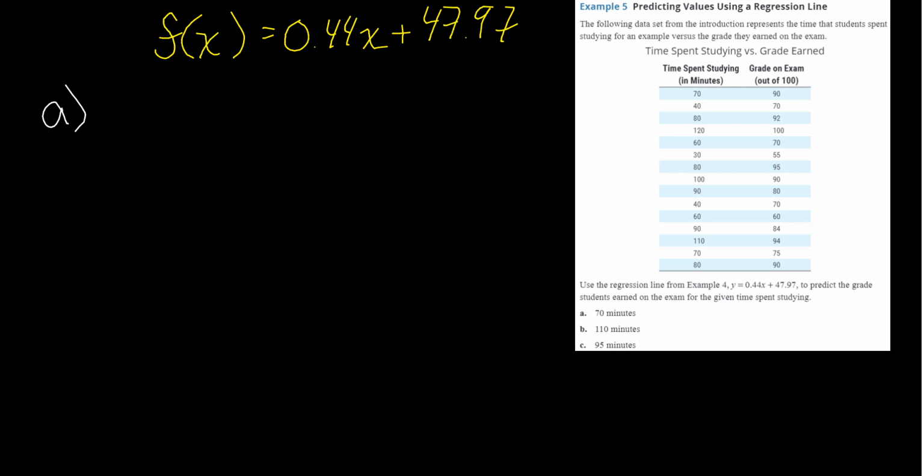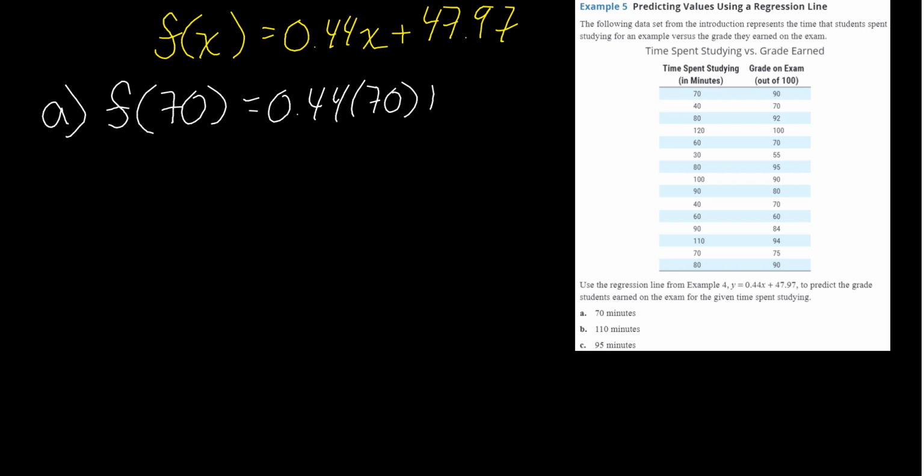So I rewrote it as f of x. When I want to do A, it wants to know 70 minutes, so I'm going to write this as f of 70. What I'm going to do is just plug 70 in for x, and that's it. So I'm going to say 0.44 times 70 plus 47.97.